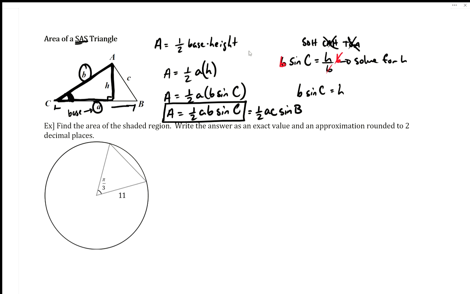So just a rearrangement of the letters. The two sides are different than the angle. So the angle letter, and then one other: 1/2 b c sine a. Something like that. And they might also do one other formula.